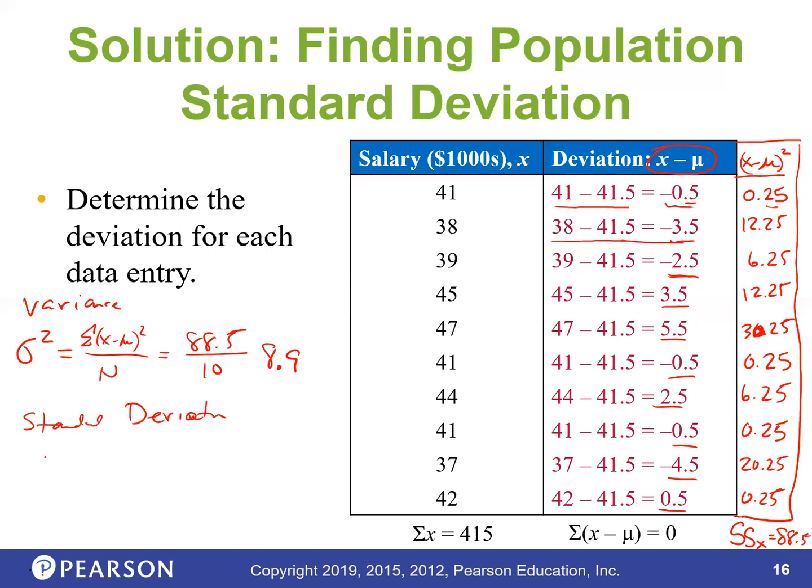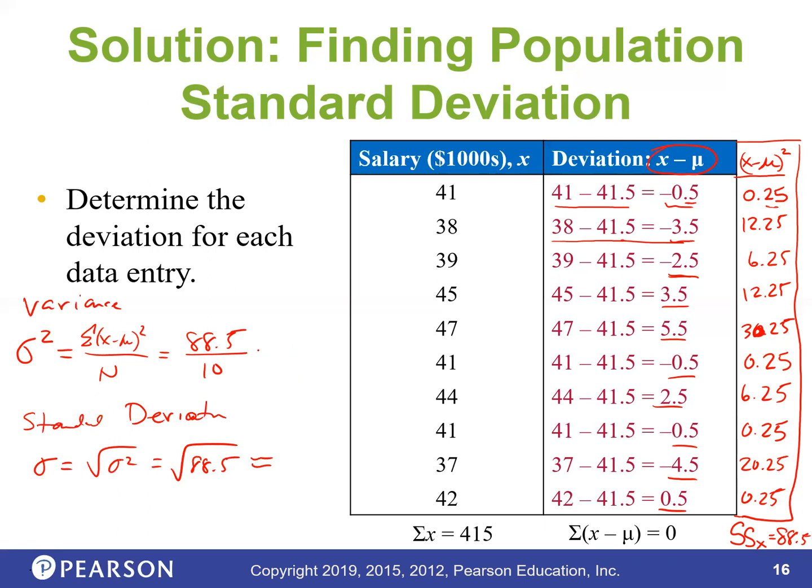Standard deviation is what we do is we just take this guy and take the square root of it. So square root of 8.9 or 8.85, just to be a little more precise. We're going to take the square root of 88.5, which is approximately. Sorry, class, real quick. Can I change something up right here?